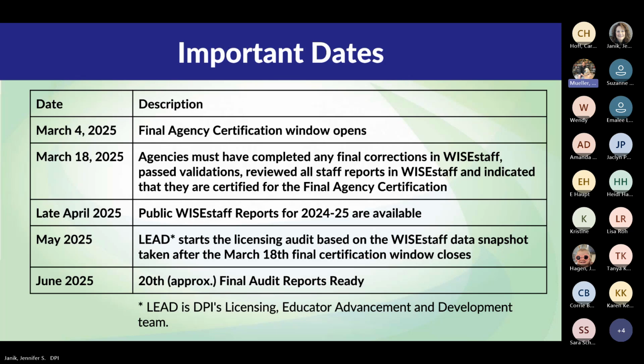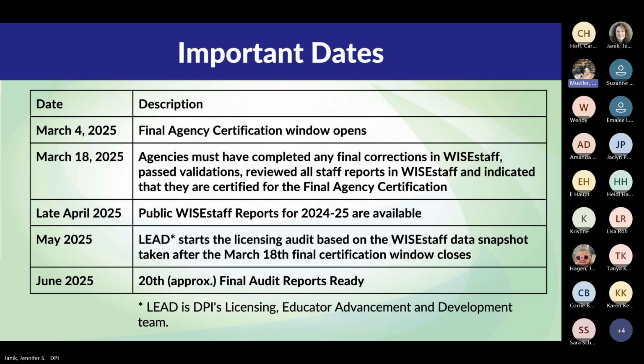The submission of your final certification is your indication to DPI that you have reported all required staff data and reviewed it for completeness and accuracy. The deadline for the final certification submission is March 18th, end of the day. You continue to make updates to your staff data up until the end of the day on March 18th.